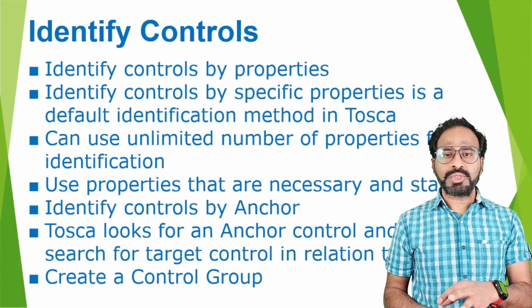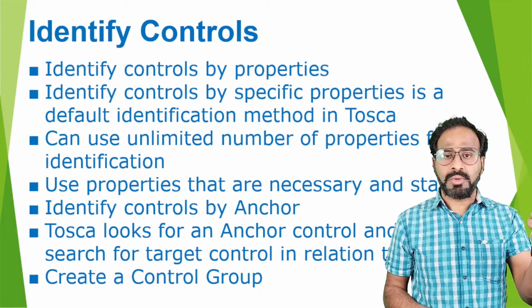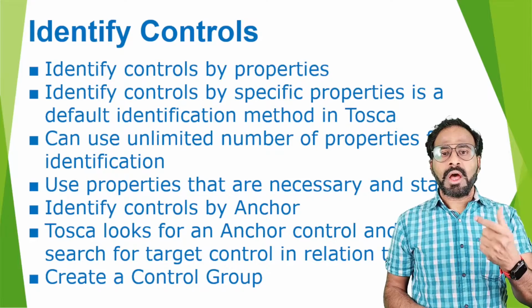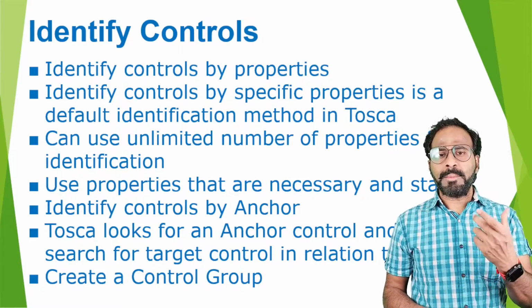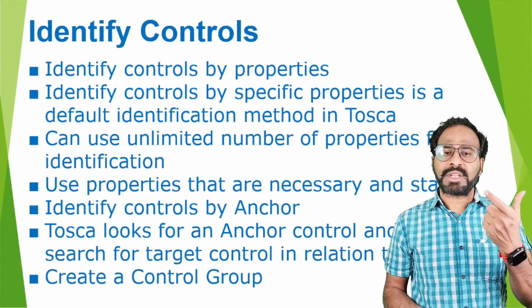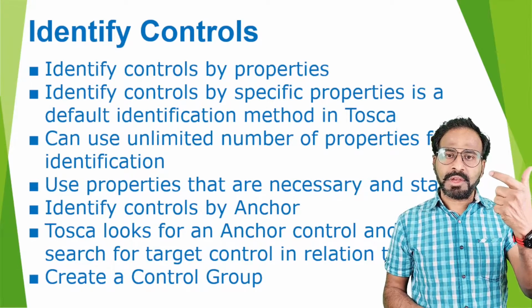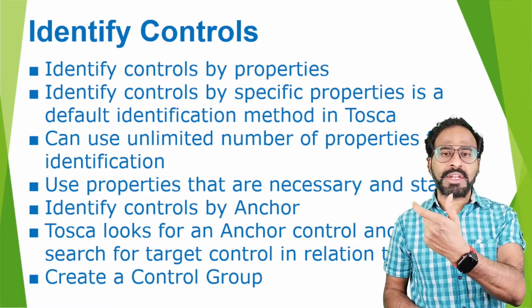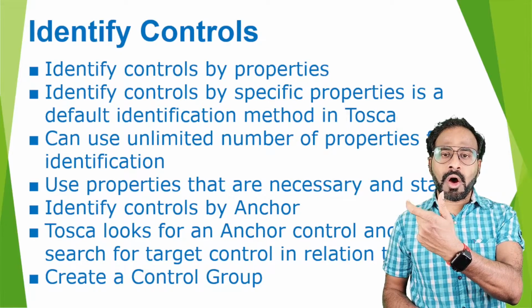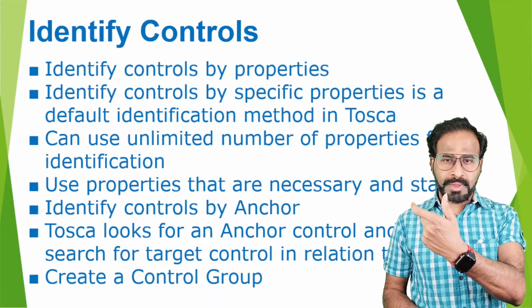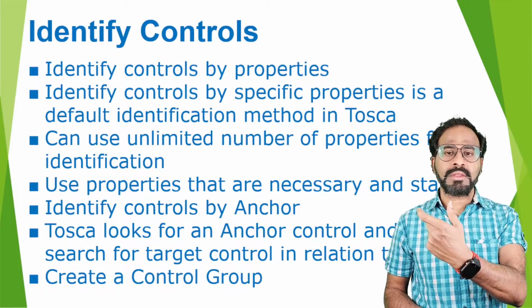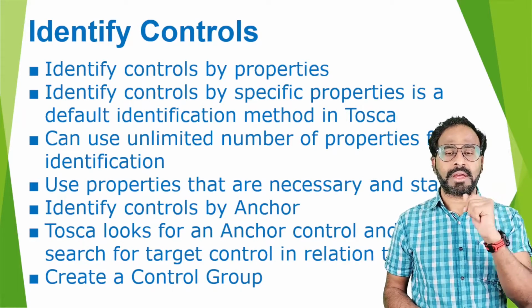So I'm going to use a reference of an anchor control, probably the title of the page or some other object. I'm going to use that reference as an anchor property or anchor control. So with that reference of your anchor control, I'm going to identify the login link or the login button.